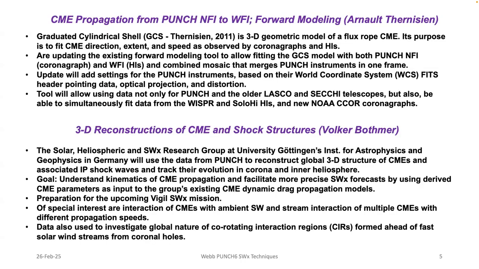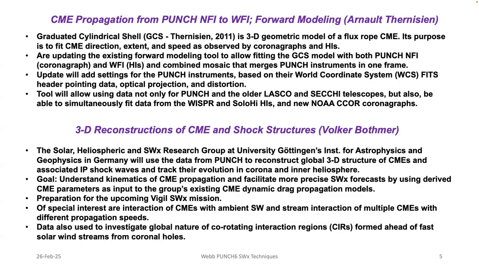Volker and his Solar, Heliospheric and Space Weather Research Group at Göttingen in Germany want to use the data from PUNCH to reconstruct the global 3D structure of CMEs and associated shock waves and track their evolution.